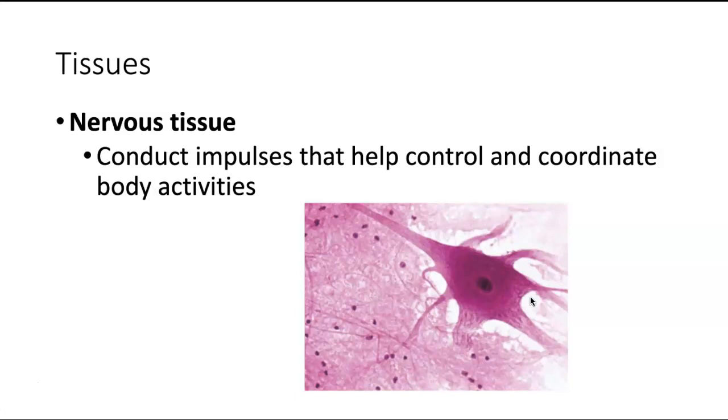Like it's a neuron that's telling your fingers to write the notes that you're taking right now. It's these nervous tissue, these neurons that are actually doing it. But this is coordinating your body activities.